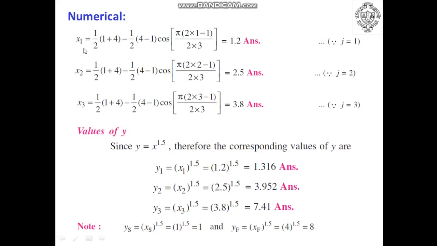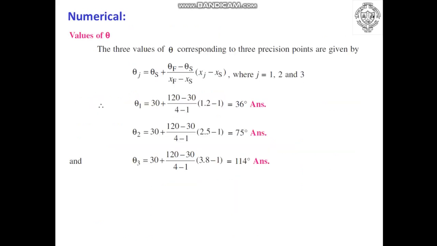Now since we have found out the values of x1, x2, x3 and y1, y2, y3, we will be able to find out the respective angular positions theta 1, theta 2, theta 3, and then phi 1, phi 2, phi 3. So let us consider the various formulas which we have derived in the previous slide, as theta j is equal to theta s plus theta f minus theta s divided by xf minus xs into xj minus xs, where j is considered to be 1, 2, 3.